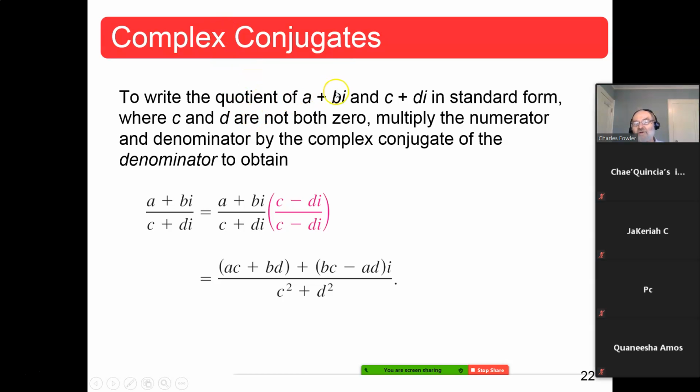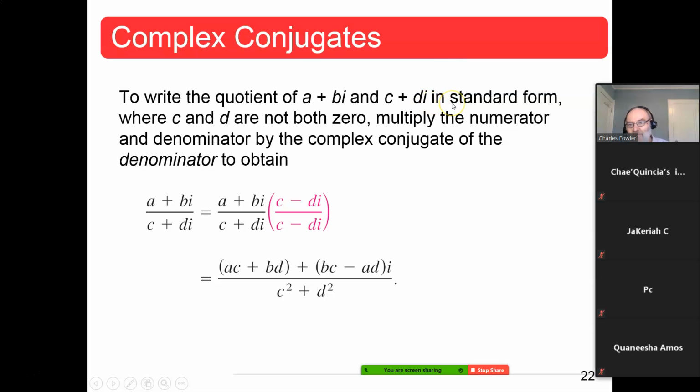To write the quotient of a plus bi and c plus di, now again, when you're doing your division, the one that's mentioned first is on top, the one that's mentioned second is on bottom. Or if you're doing it by your old division sign, this goes outside the house, that goes inside the house. But here, far better to put them over each other. This one over that one.